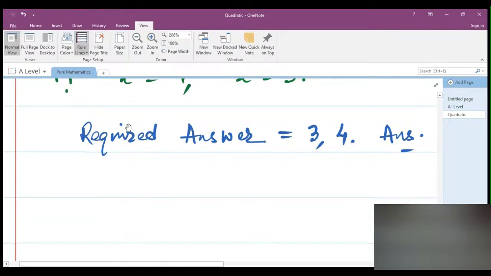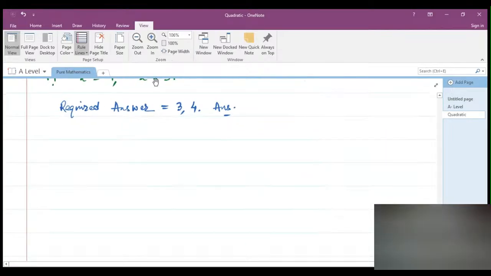Let's see the next question. So the next question is x squared minus 6x minus 16 equal to 0.